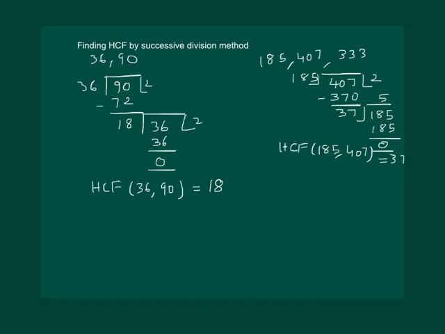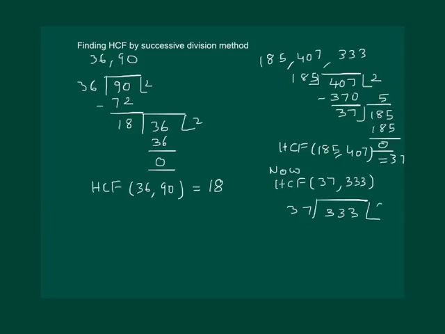Now find HCF of 37 and the third number. Again, follow the same procedure till we get remainder 0.